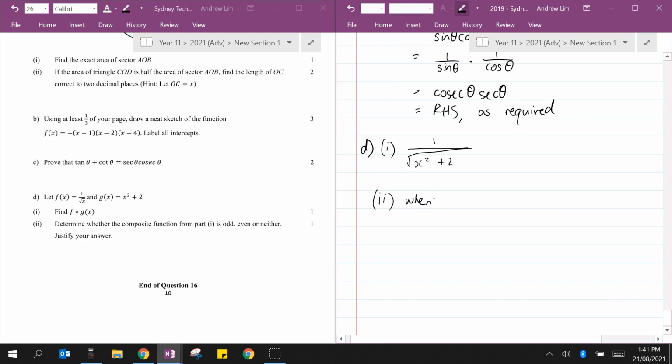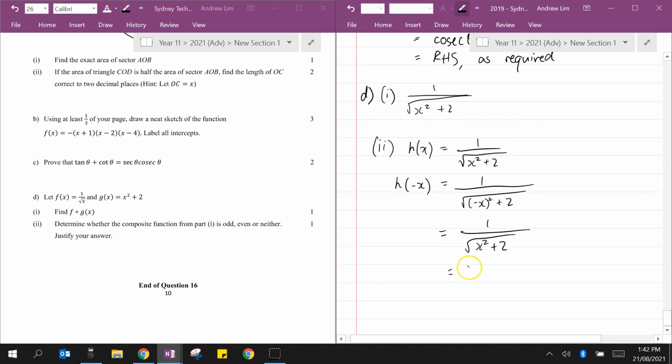Okay, so when we replace x with negative x, no, what we need to do, okay, so let's call this h of x. h of x is equal to 1 over root x squared plus 2. What is h of negative x? 1 over the square root of negative x squared plus 2, which is still 1 over root x squared plus 2.